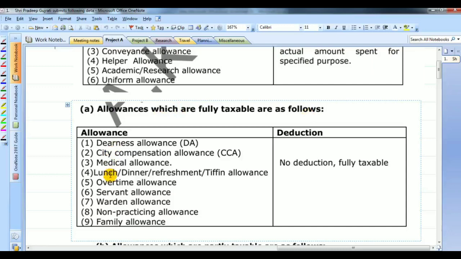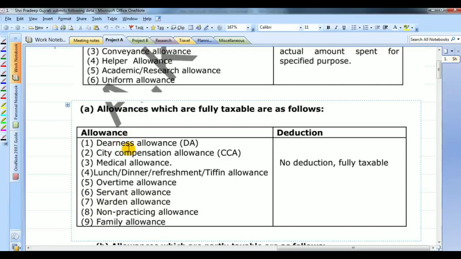In that there are 9 allowances: dearness allowance, city compensation allowance, medical allowance, lunch, dinner, refreshment or tiffin allowance, overtime allowance, servant allowance, warden allowance, non-practicing allowance and family allowance. If you get to see any of these allowances in your problem, straight away you will write the entire amount in the amount column. No deduction is available for these types of allowances.